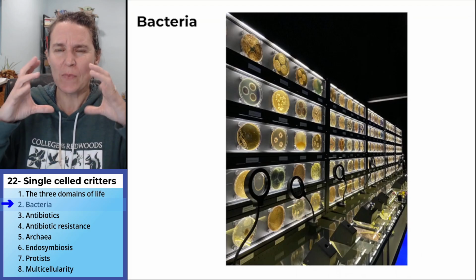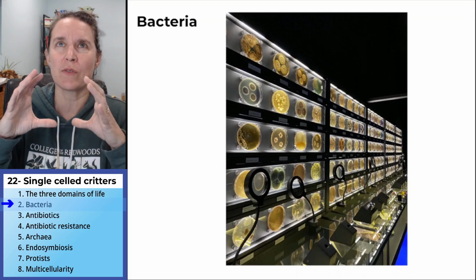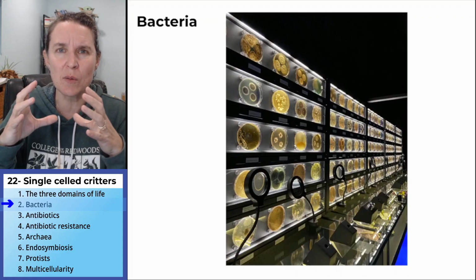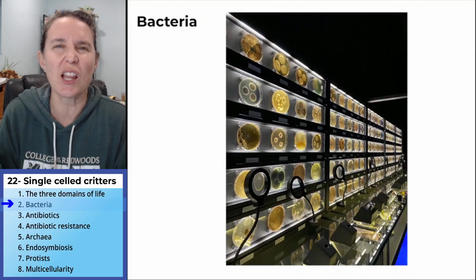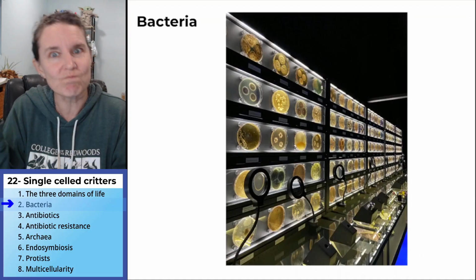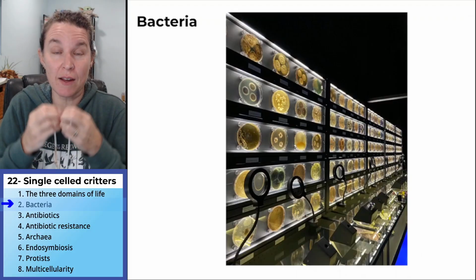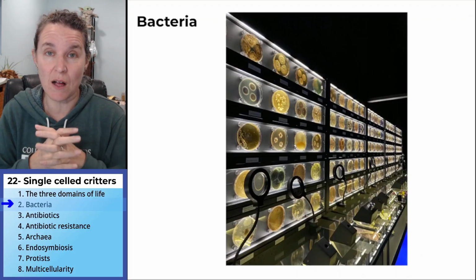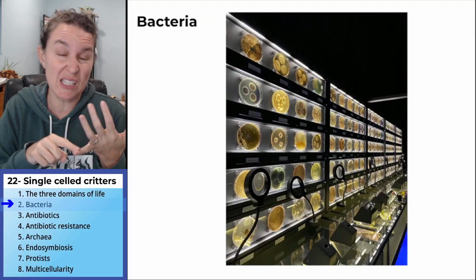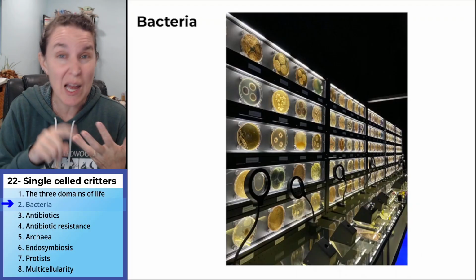Agar is a type of seaweed, and it's like Jello, basically. It's a gelatin. You can throw bacteria on there and they'll grow and live in their little colonies, and you can see what kind of things they metabolize.